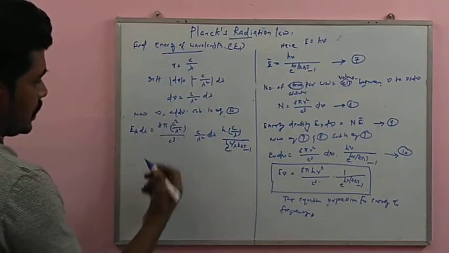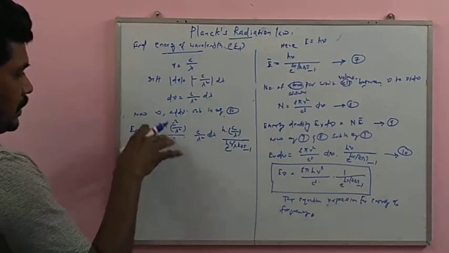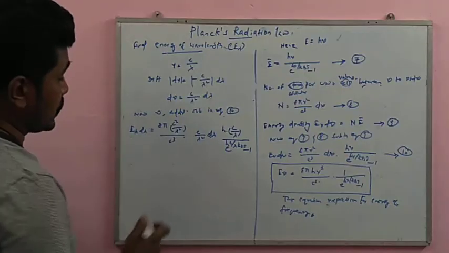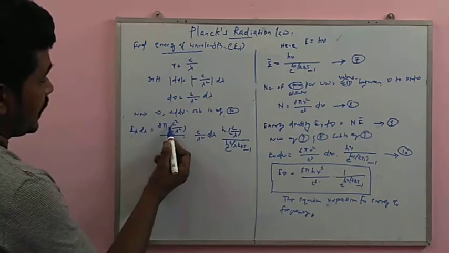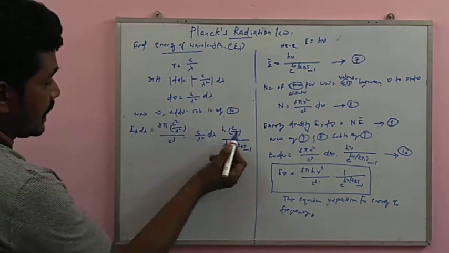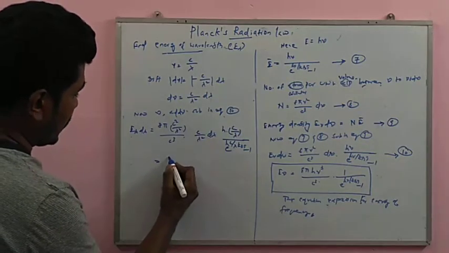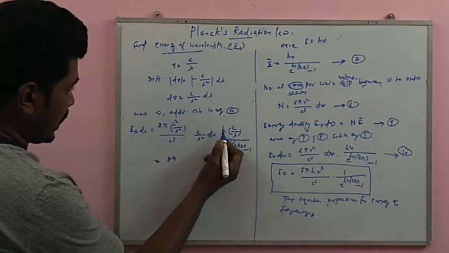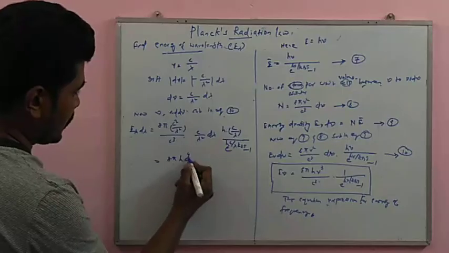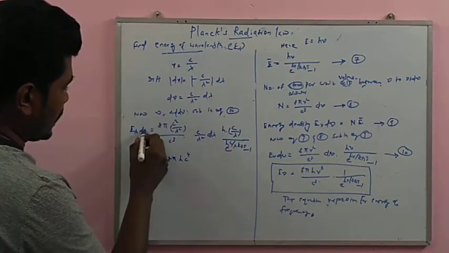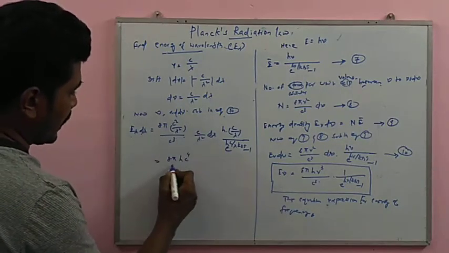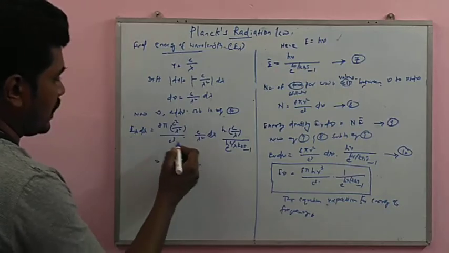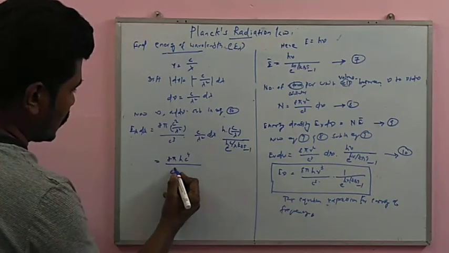Separating numerator and denominator: 8 pi c square and c gives 8 pi h into c power 4. Here d lambda cancels. Then divided by c cube.